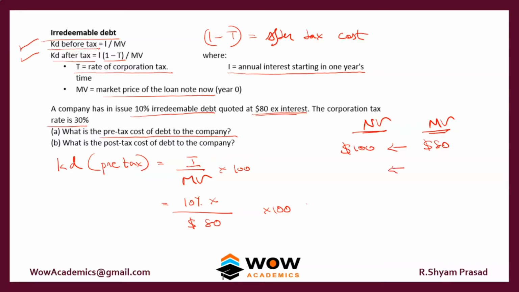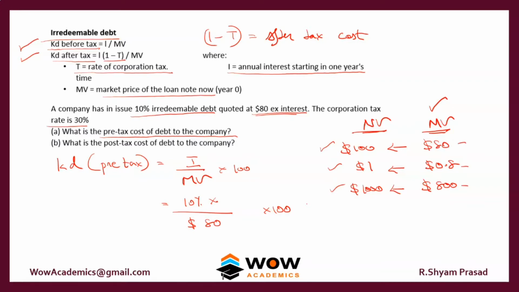If the market value is 0.8, then the nominal value will be 1. If the market value is 800, then the nominal value will be 1000. Usually the question will tell you, or we have to find out the nominal value, because the price would be trading equivalent to the nominal value, and nominal values will always be 100 or 1 or 1000.